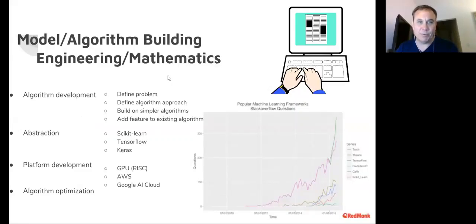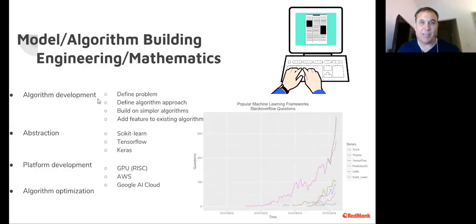Some parts more or less than others. Like for instance, the first part, the algorithm development. That's not something everybody's going to be doing, but some will be, and we'll all be contributing to it, if not directly, indirectly, by using and talking about these different algorithms. So how did these algorithms develop? How did they come about from scratch?